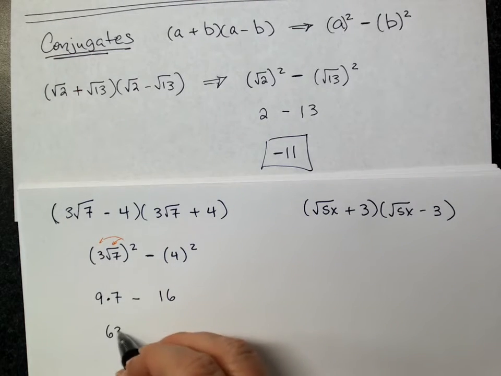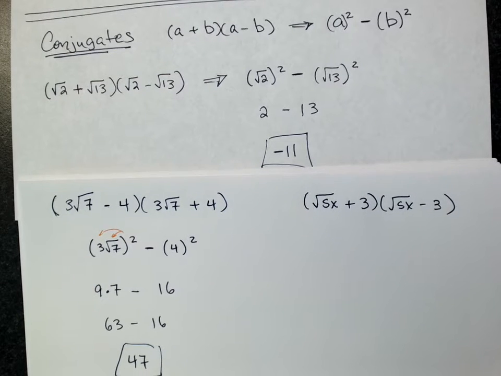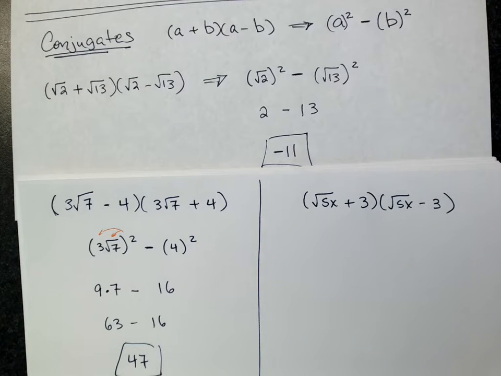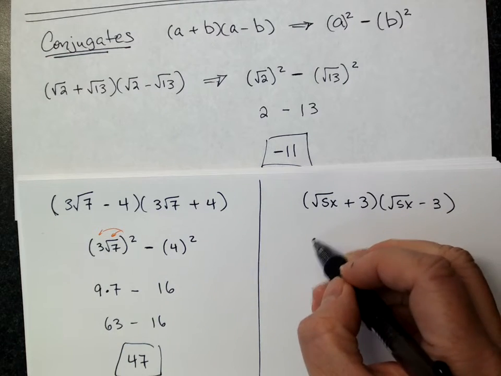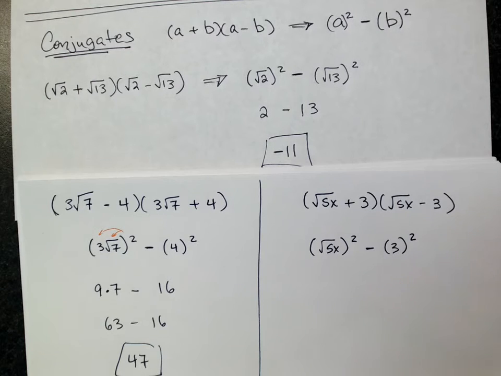Of course, gives us 63, minus 16. Whether just A had a radical, just B had a radical, or both had a radical, doesn't matter. If they're conjugates, there's no more radical.